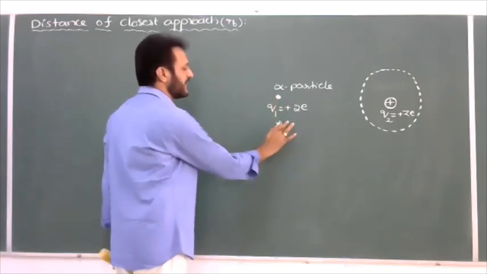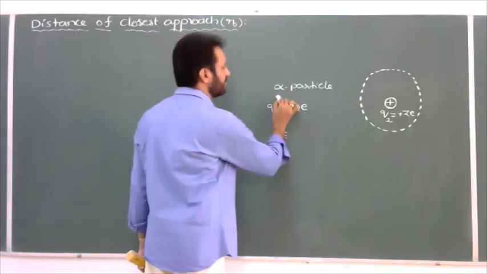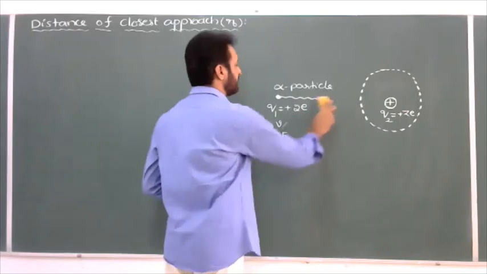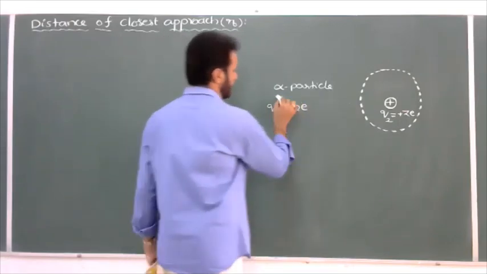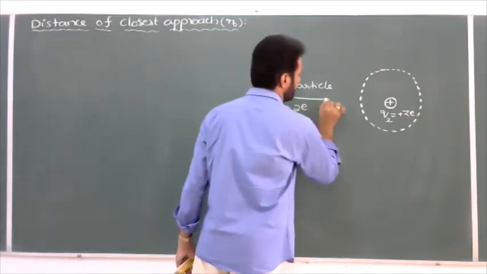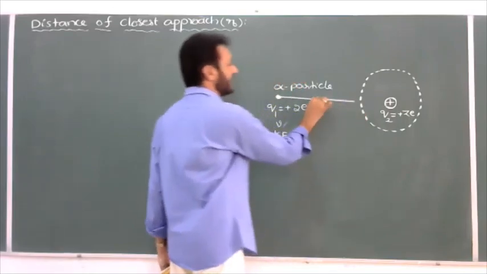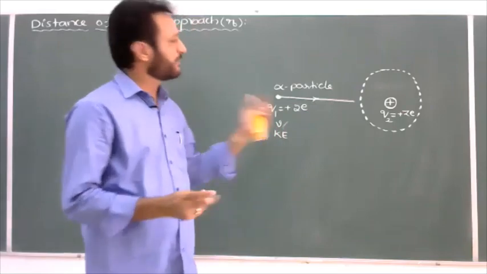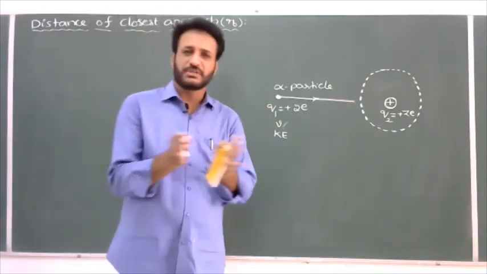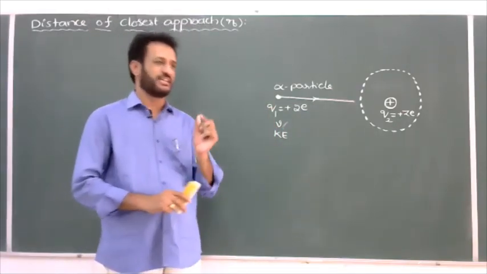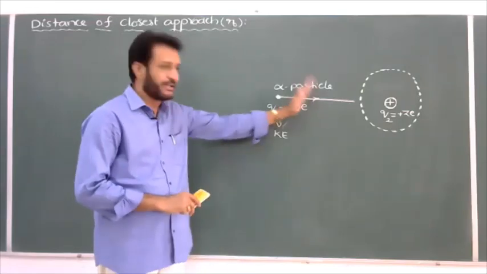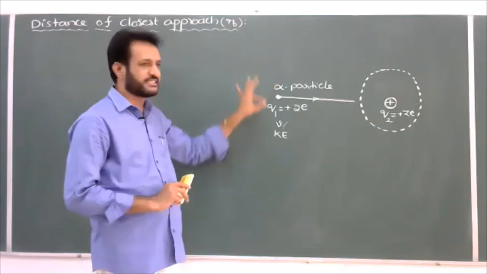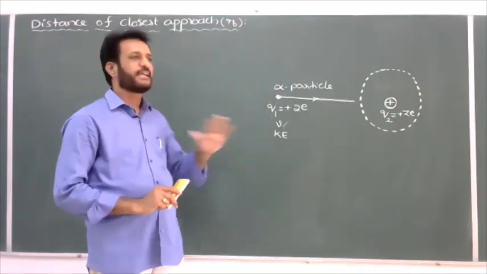And whenever the same alpha particle moves towards the nucleus along a straight path, what can we expect? The alpha particle has positive charge and the nucleus also has positive charge, so between these two positive charges there is a force of repulsion. Whenever the alpha particle is at infinite distance, there will be almost zero force and zero potential energy, but the alpha particle has only kinetic energy.